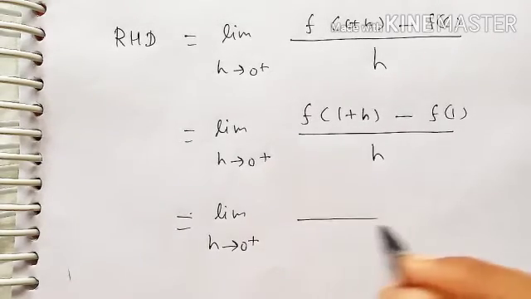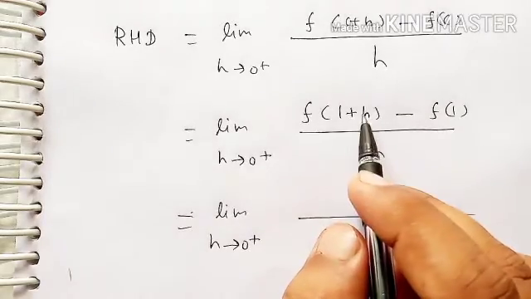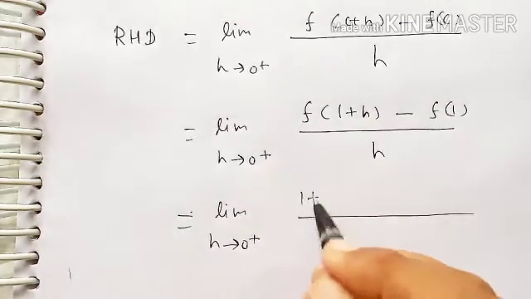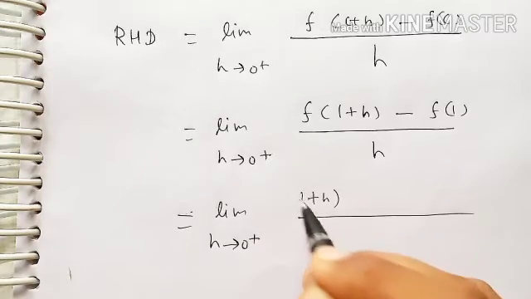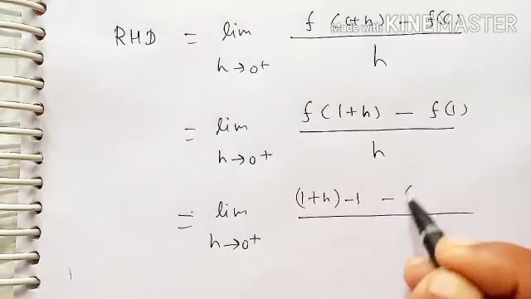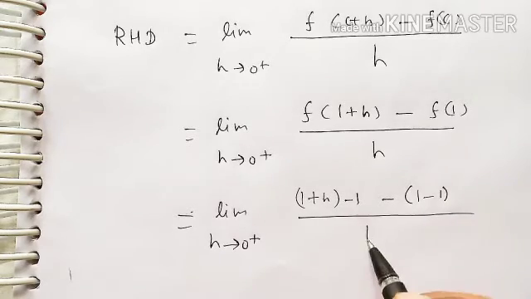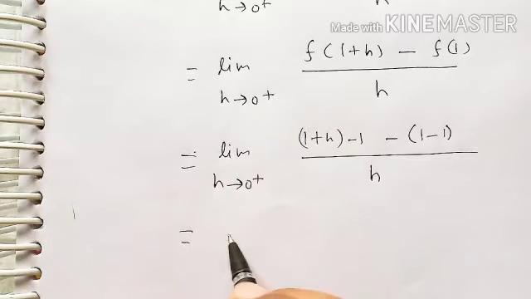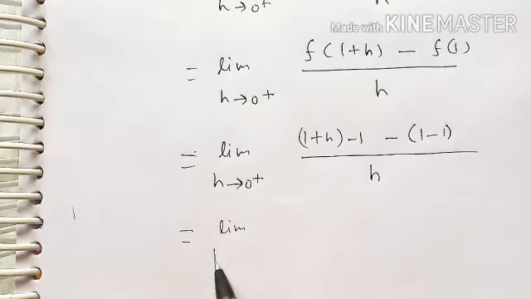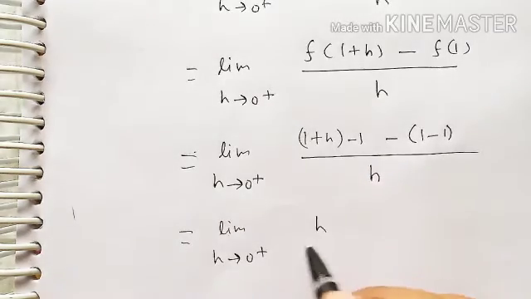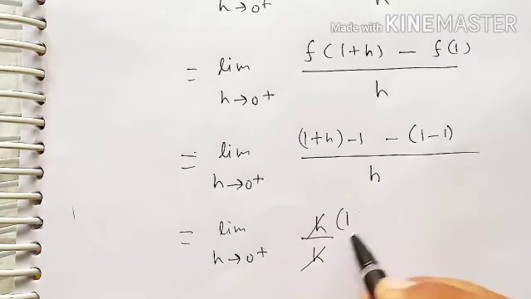See here h is positive, so 1 + h is more than 1, and then the value of the function is x − 1, that is (1 + h) − 1, and f(1) is 1 − 1, by h. Here we see limit h tends to 0 plus, 1 − 1 is 0, here h by h. This gives us 1.